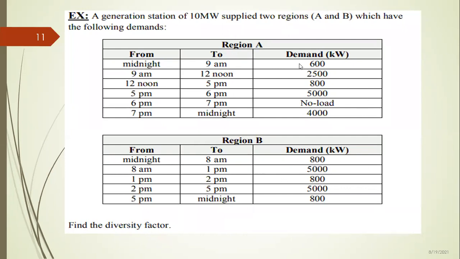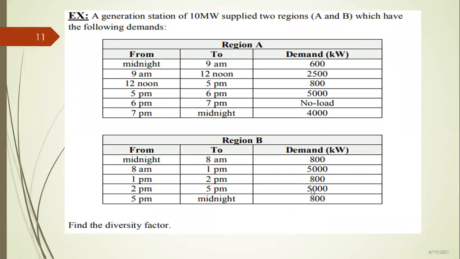Now, if I have to calculate the connected load and then the maximum demand, what is the maximum demand? For region A it is 5000, between 5 to 6. And what is the maximum demand for region B?